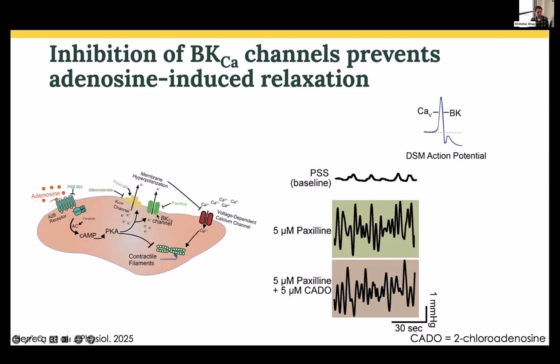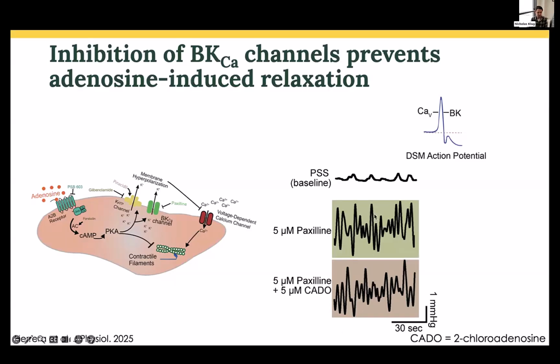So we tried to explore whether this was what was going on downstream of adenosine. Since the BK channel plays a huge role in repolarizing the action potential, when we block the BK channel with paxilline, we see a huge enhancement of bladder activity. But when we subsequently add adenosine to the bladder, we don't see any sort of relaxation effect at all.